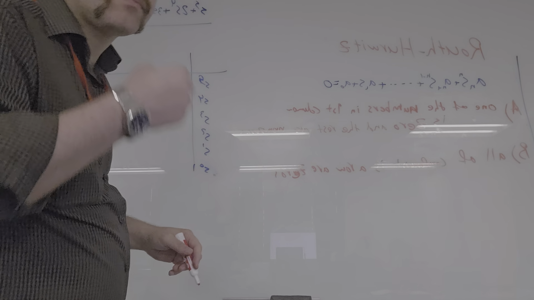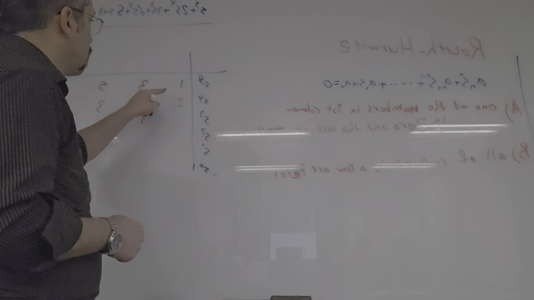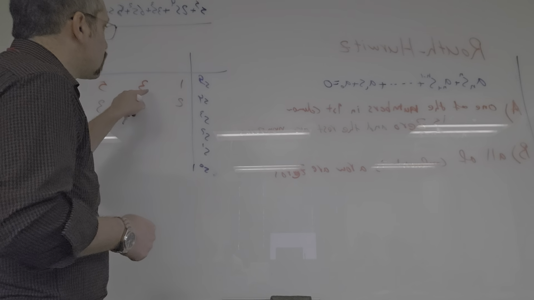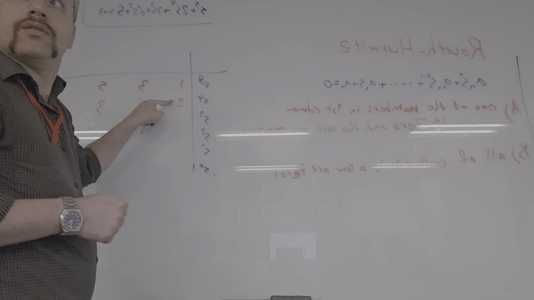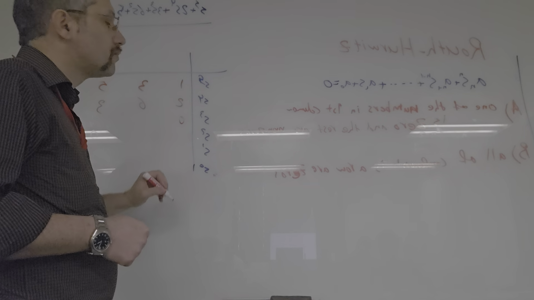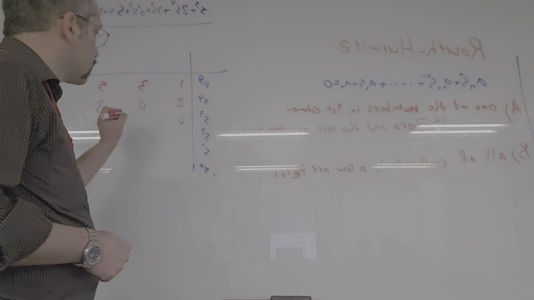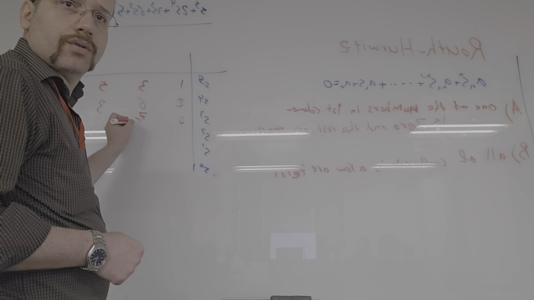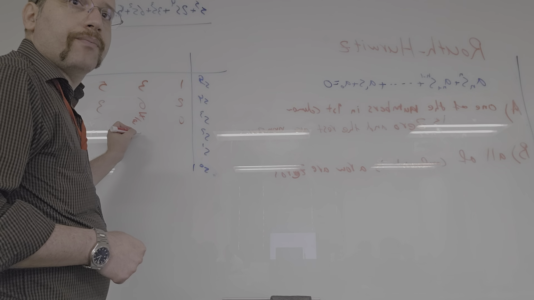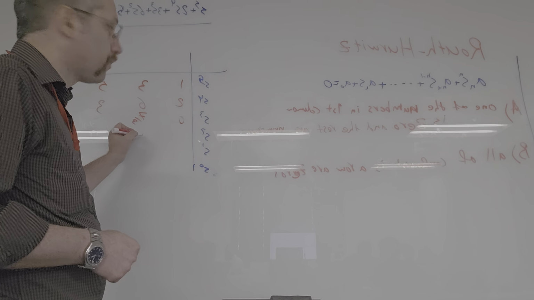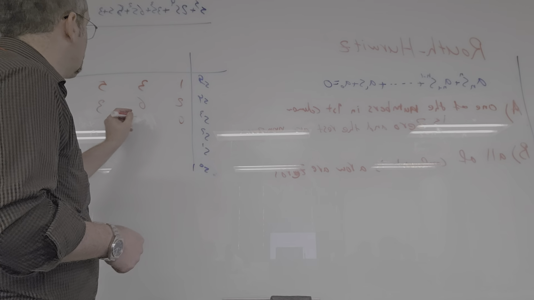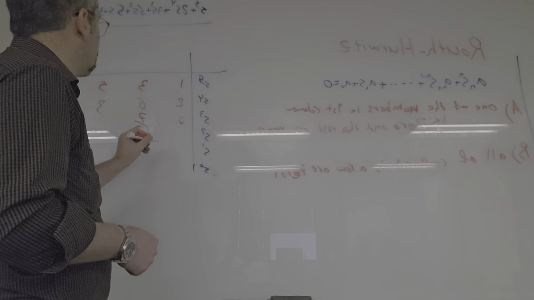Now, this is 6 minus 6, so here we are going to have 0. And the rest is going to be 7 over 3.